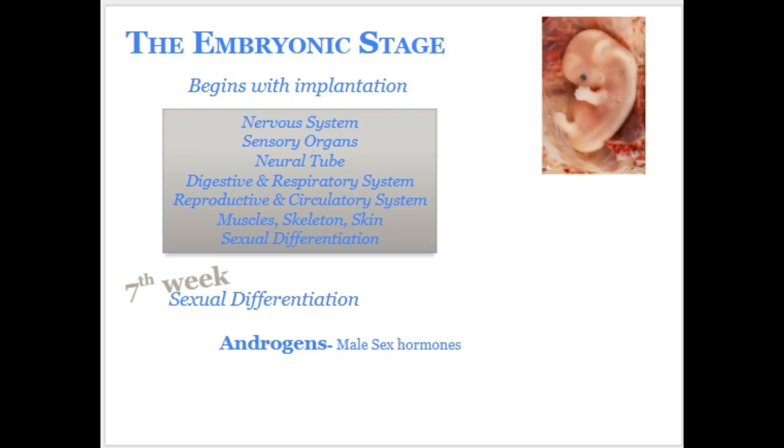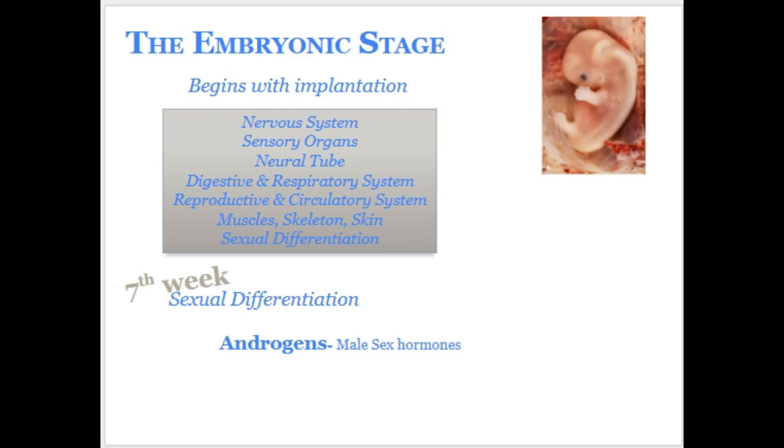So the embryonic stage lasts for about 8 weeks, and this is the stage where the major organ systems are developing. In fact, 22 days after conception, the neural tube begins forming, which makes up the brain and the spinal cord. And by the 7th week after conception, sexual differentiation begins.